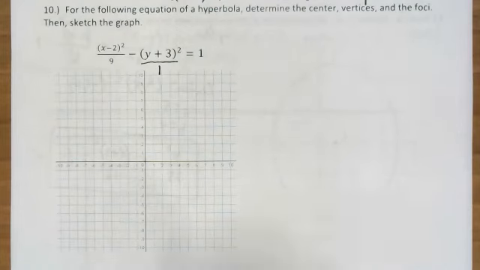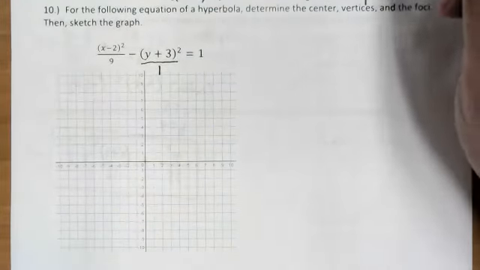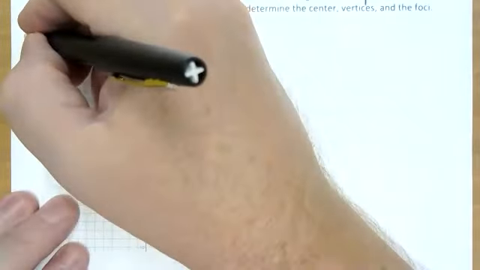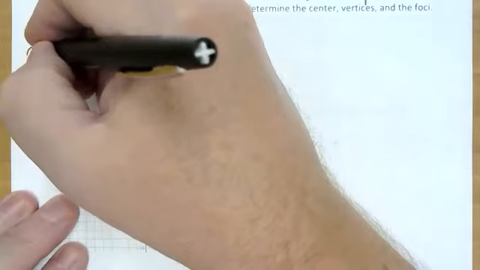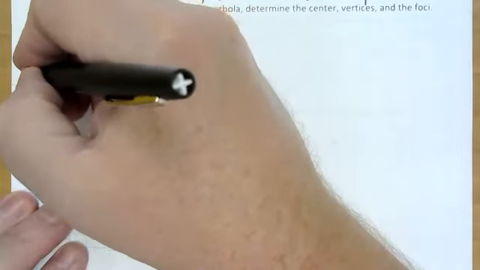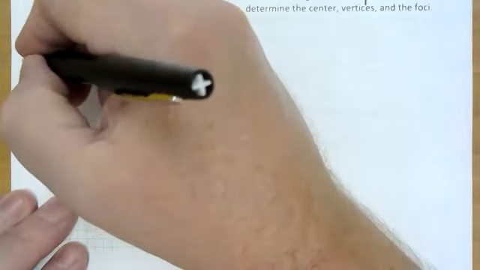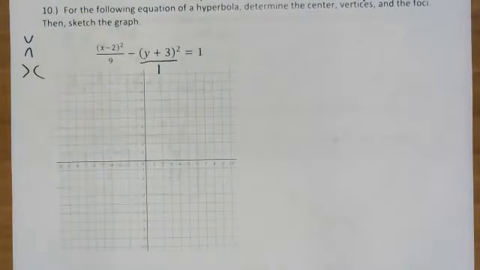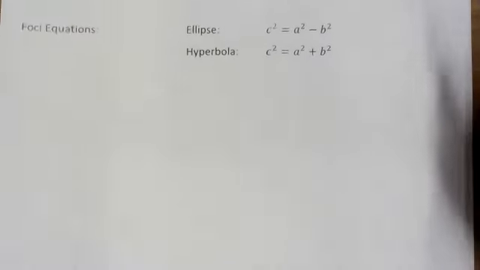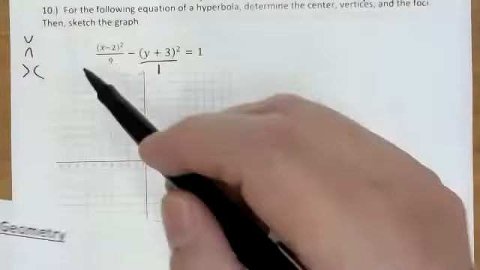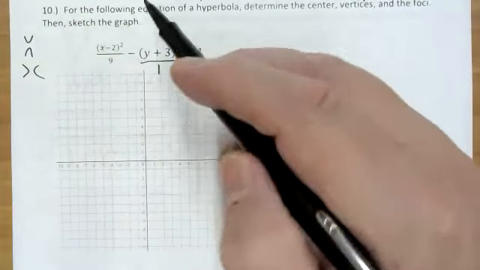So for hyperbolas, once again, we can have up or down hyperbolas or left and right. So hyperbolas have 2 parts to them. So what you do is look at the positive term.